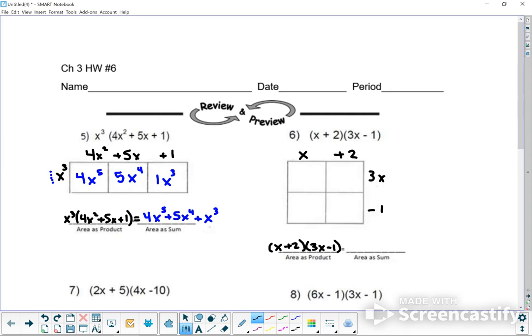You can write it on any side you want, as long as you have either the top or bottom, and either the left or right side. You can't do them both on the left and right, or both on the top and bottom. You have to do one on the top or bottom and one on the left or right. So I'm going to do one on the top and one on the right. Okay, and just figure out the math. So you got x times 3x, which makes 3x squared.